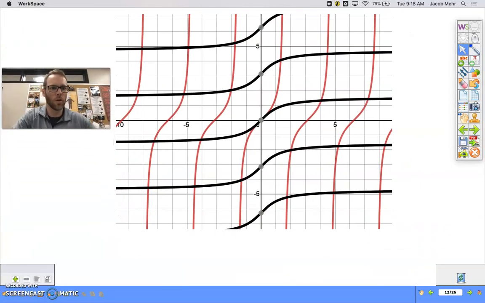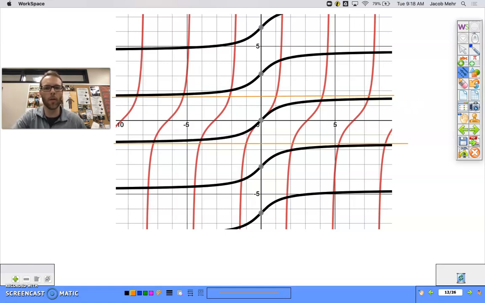Okay. So we are looking to restrict it here and there.